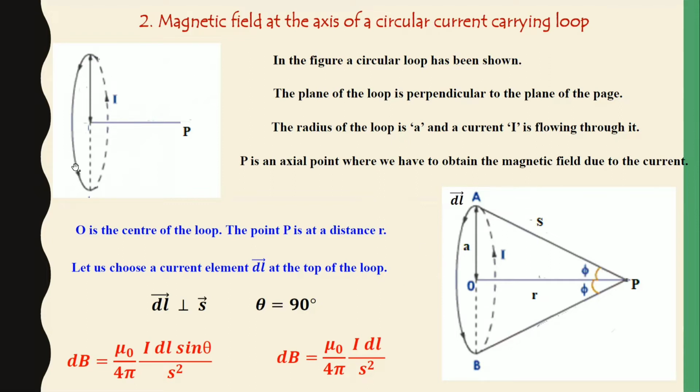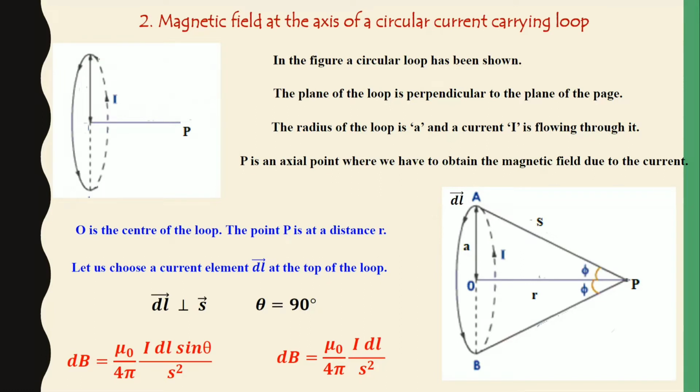As we mentioned, the plane of the loop is perpendicular to the plane of the paper or the plane of the screen. So here dl is perpendicular to S, as S is in the plane of the screen. So dl and S are perpendicular to each other, and theta is 90 degrees between dl and S.